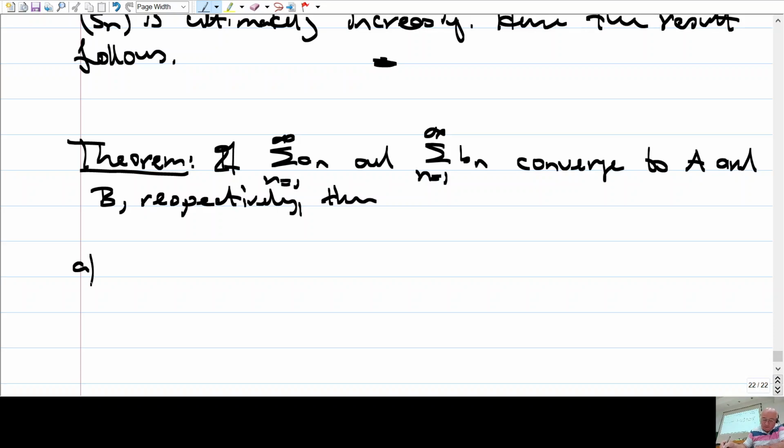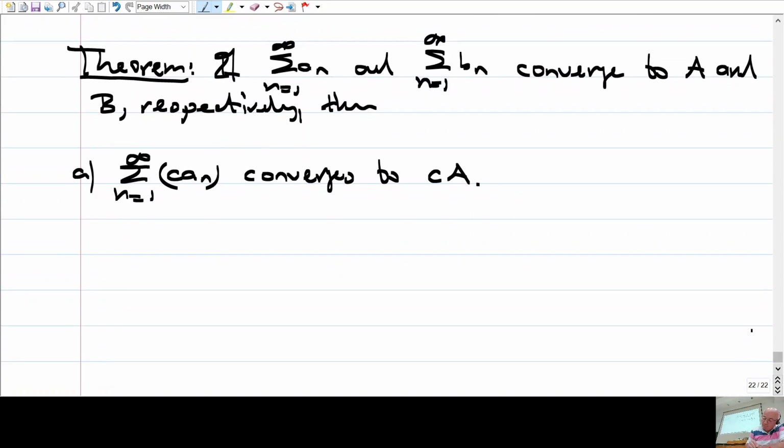First statement is that c times An converges to c times A, where c is any constant.